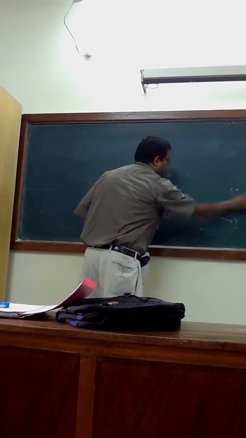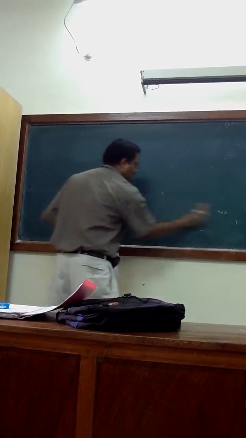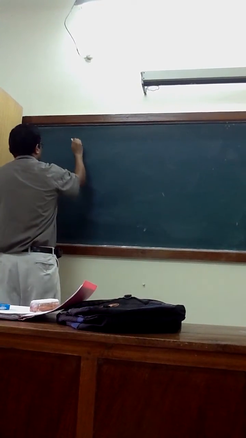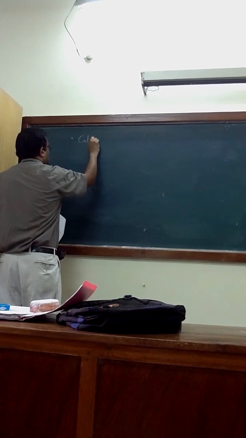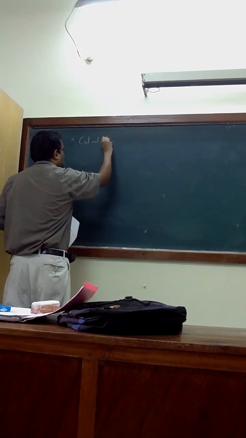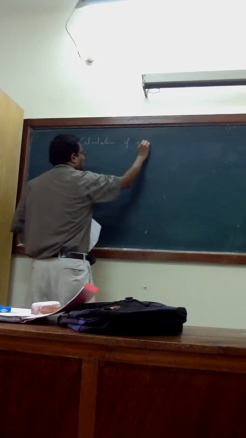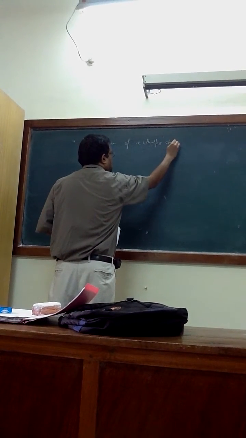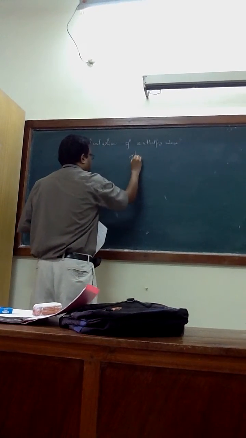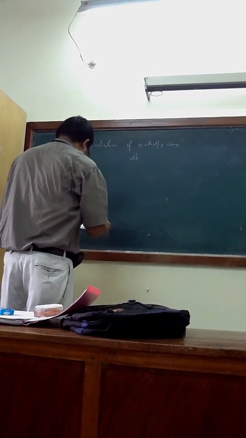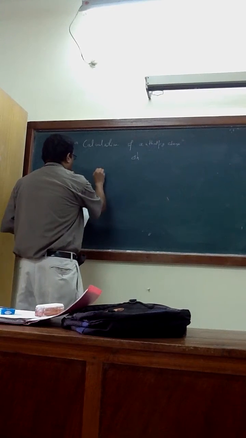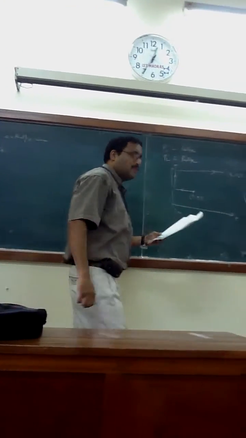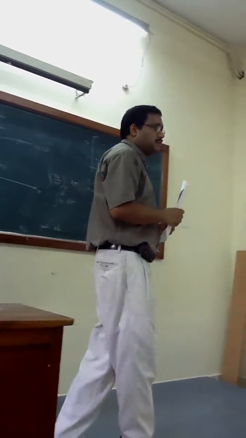I'll take enthalpy. Calculation of enthalpy for the first step. Let's say calculation of enthalpy change, delta H. So now delta H will be equal to, in terms of integration, the steps.